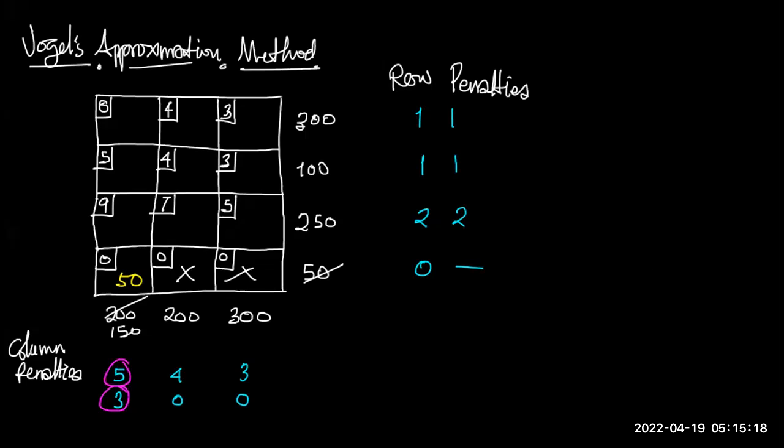So the next list cost here is 5. So we have to assign the cell, we have 100 and 150. So we allocate 100.